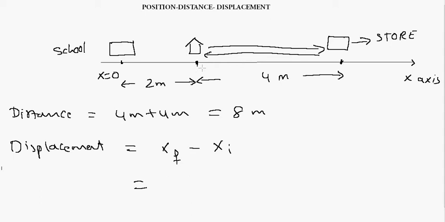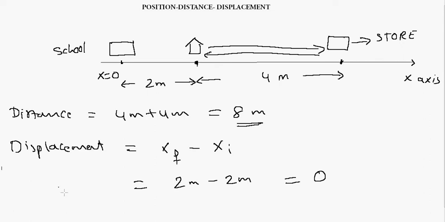Now if you have started here, which is your initial position, and you came back to this position, which is your final position, that is 2 meters minus 2 meters. The displacement in this case is 0, whereas the distance is 8 meters, which clearly shows that distance and displacement are two different terms.